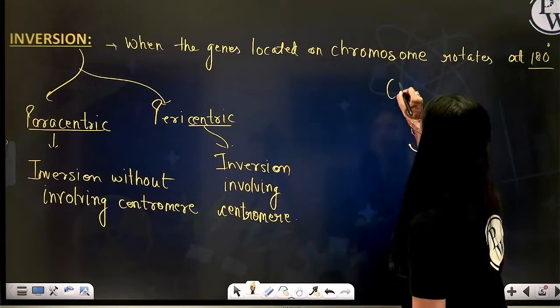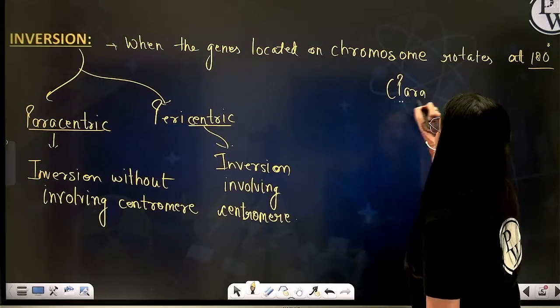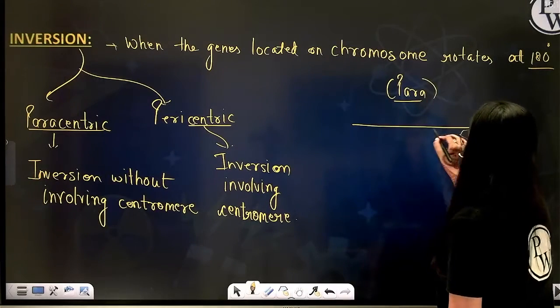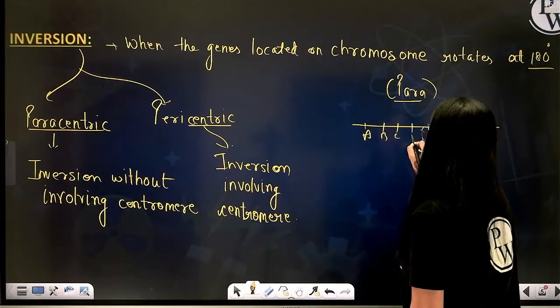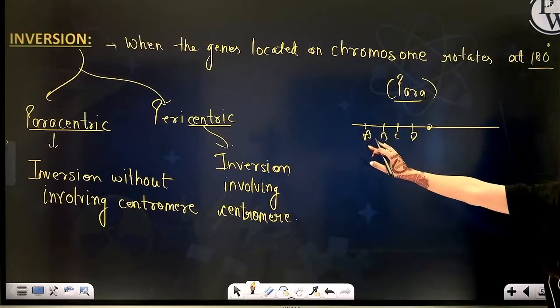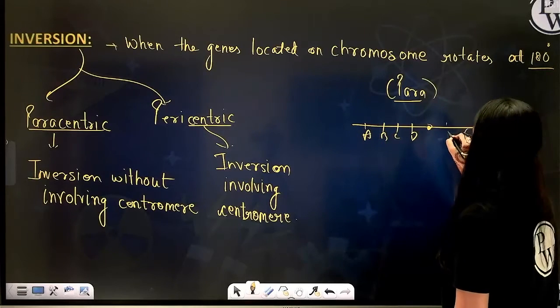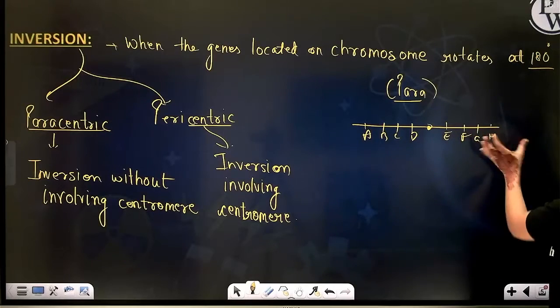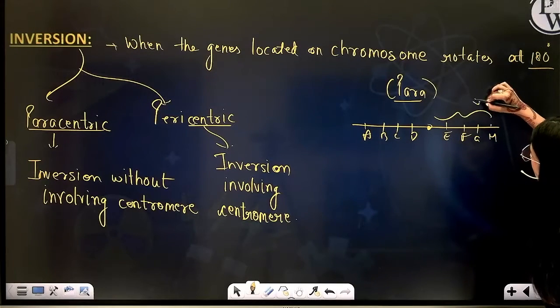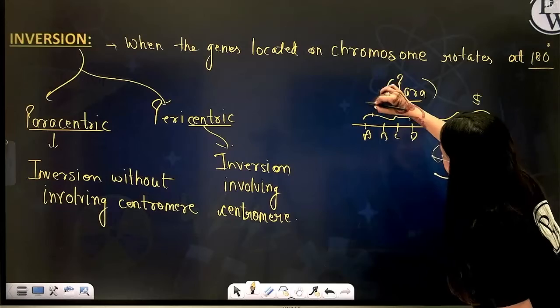First, I am going to show what is paracentric type of inversion. Suppose this is my normal chromosome having genes A, B, C, D towards the upper arm of the chromosome and E, F, G, H towards the lower arm. Now see, this is the lower arm and this is the upper arm.